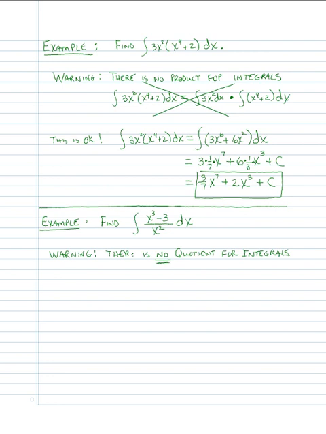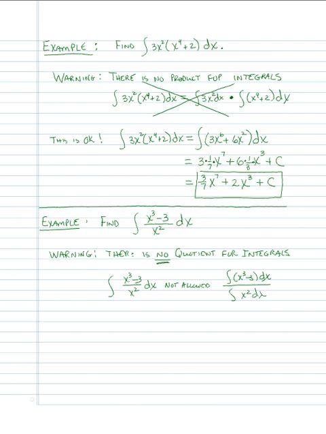So what that kind of tells us is a true statement of something we can't do. When we have the integral of a fraction, what's not allowed is to say, oh, well, let's find the integral of the top and divide by the integral of the bottom.